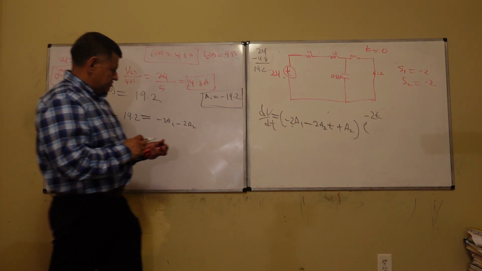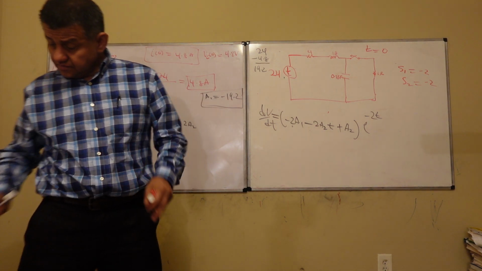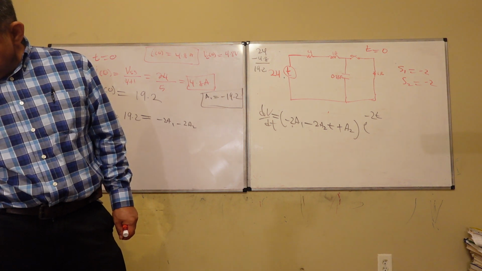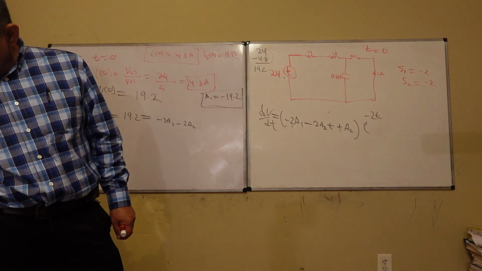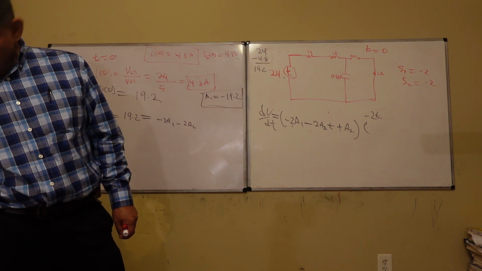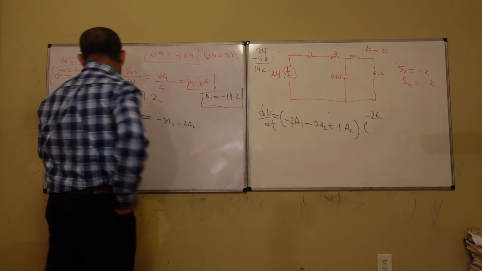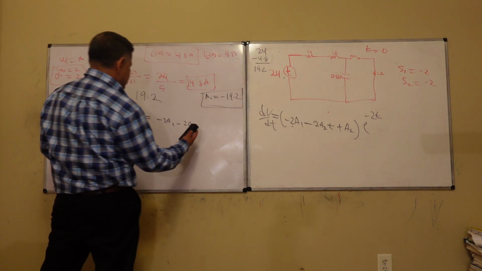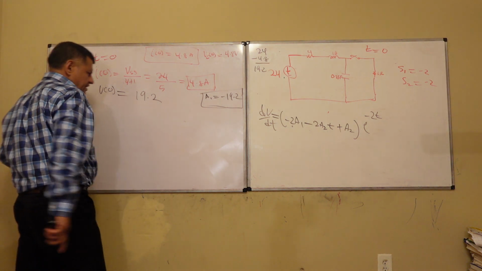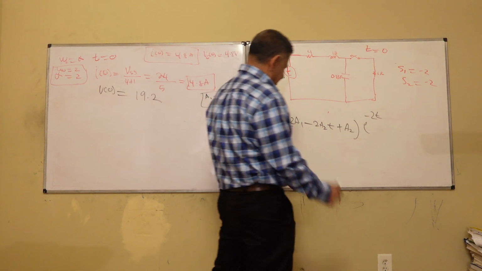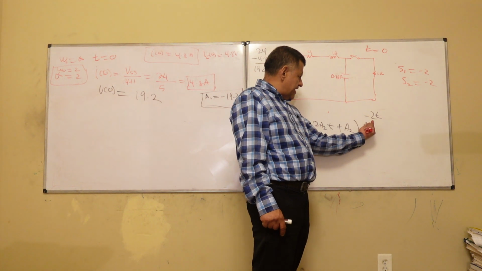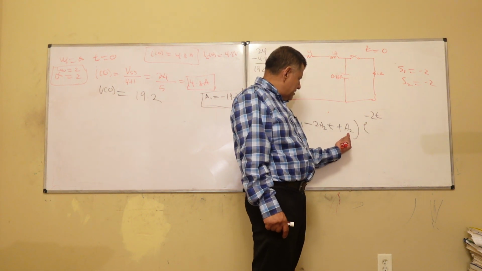Now, having that in mind, let me be clear on this, because it can be confusing. We know that t is equal to 0, right? So what happens when I substitute 0 for this and multiply?